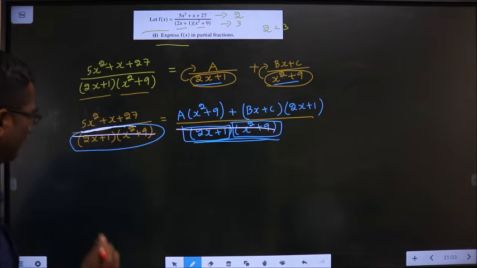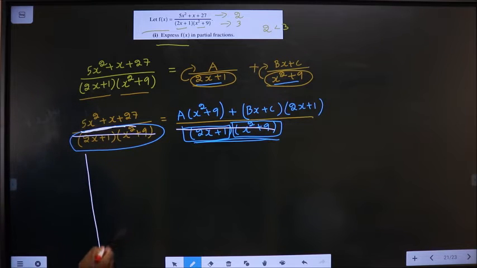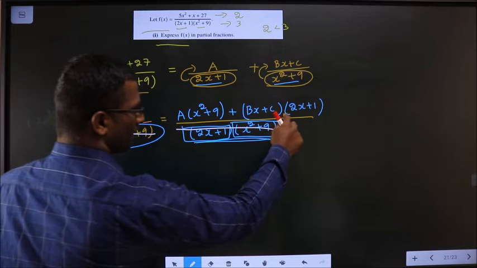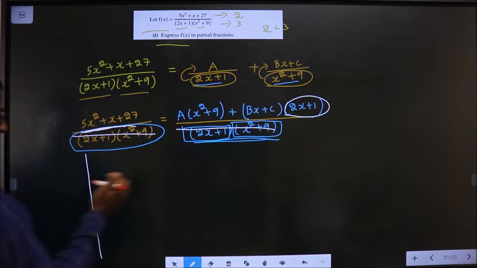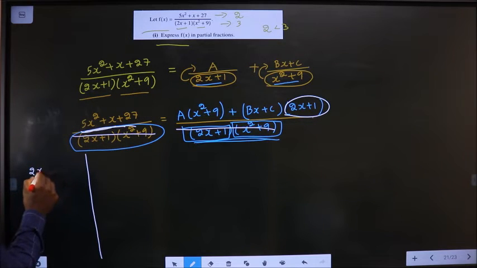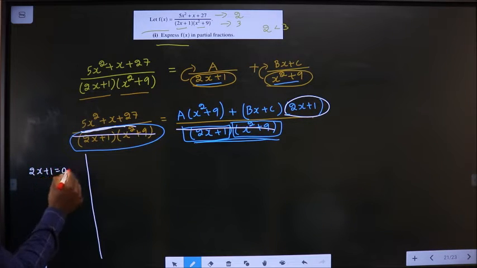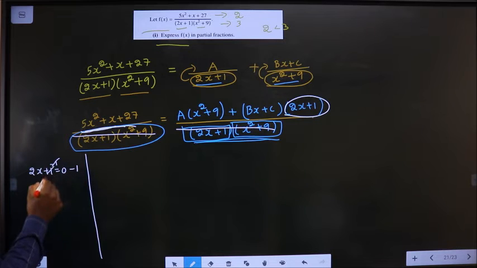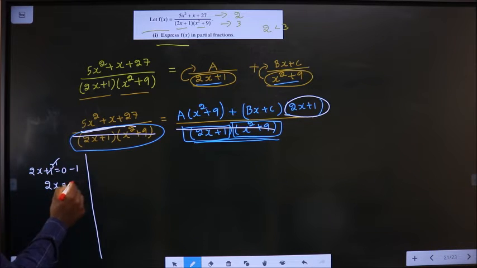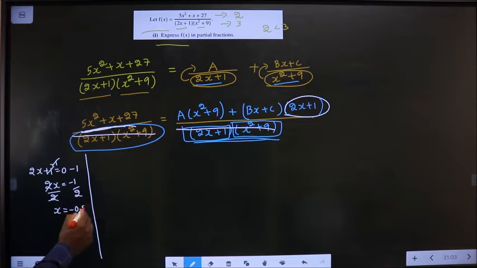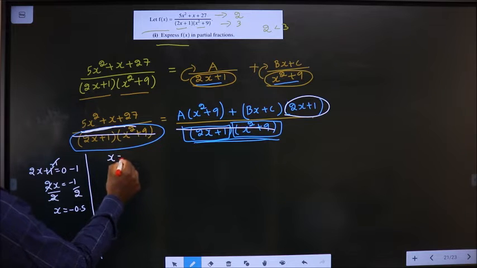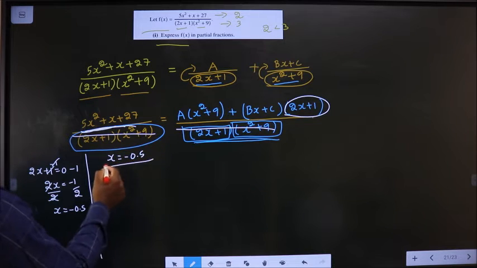See here. I will try to make this bracket 0. So 2x plus 1 equal to 0. Take minus 1 on both sides. So 2x equal to minus 1. Now divide by 2. So x equal to minus 0.5. So I start with x equal to minus 0.5.